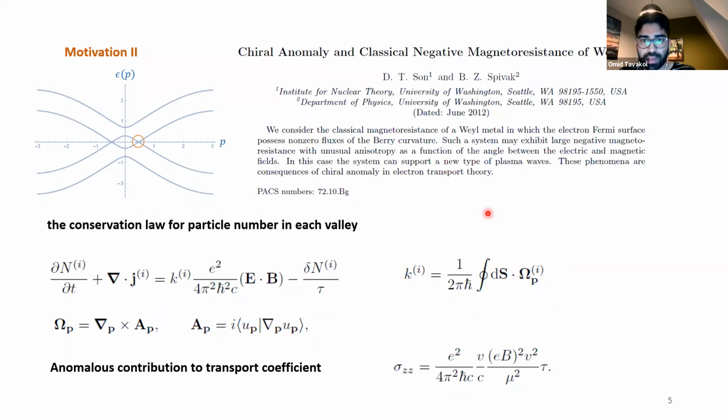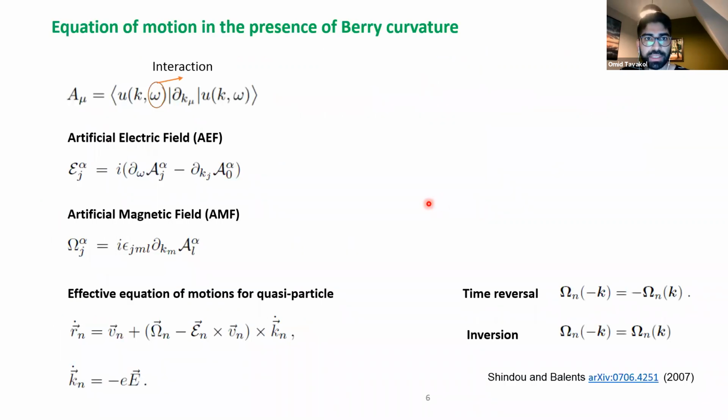Okay, but we can ask what can we do in the presence of interactions? When we introduce interactions in our problem, you can expand your set of parameters to not only k, but k and omega.